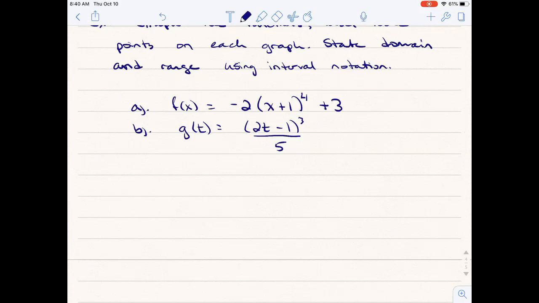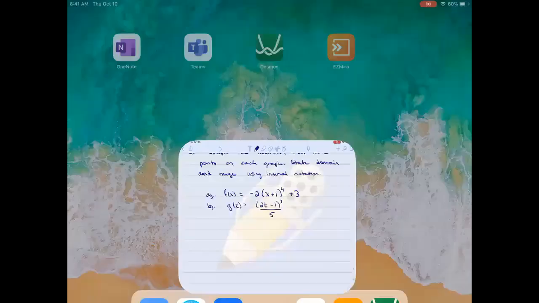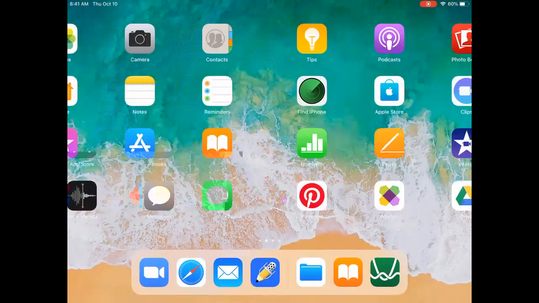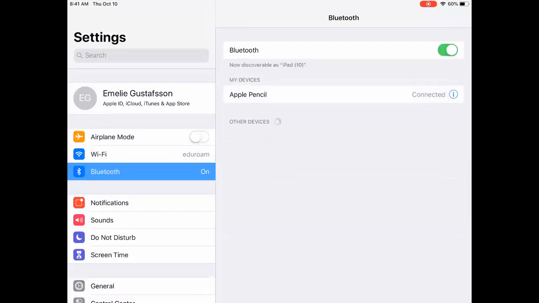I think she connected to the side and then opened Bluetooth preferences. Bluetooth, Apple Pencil.